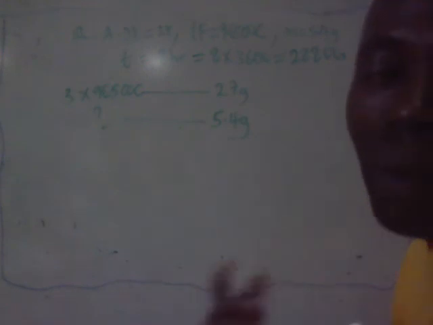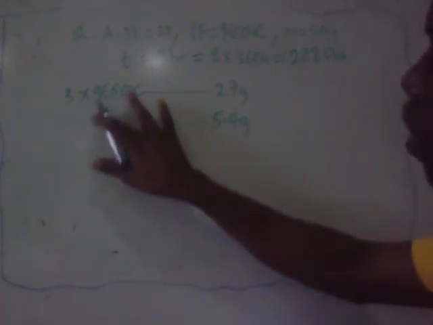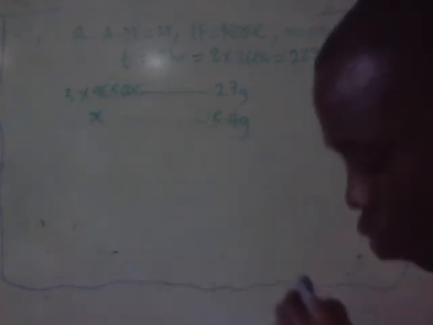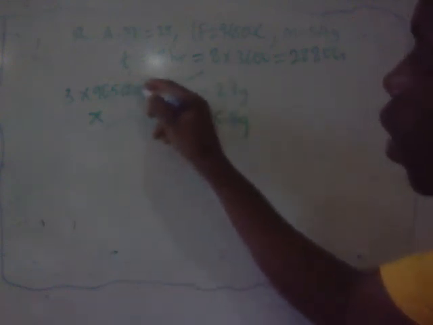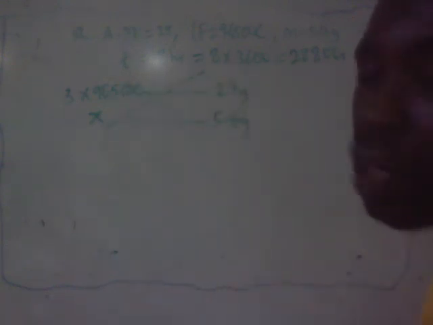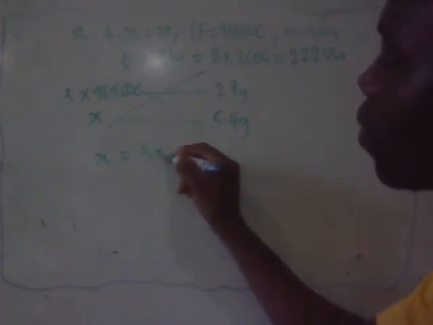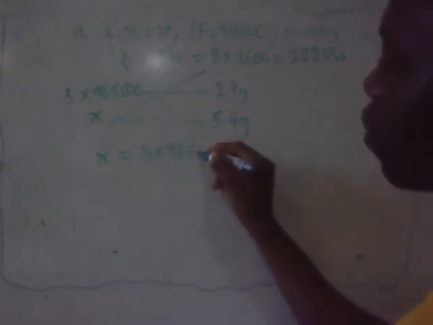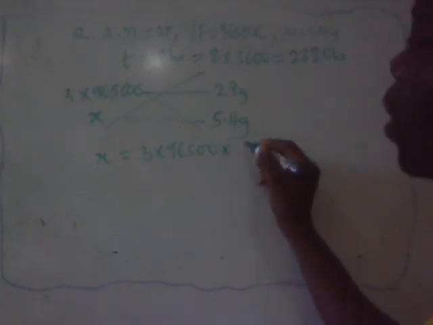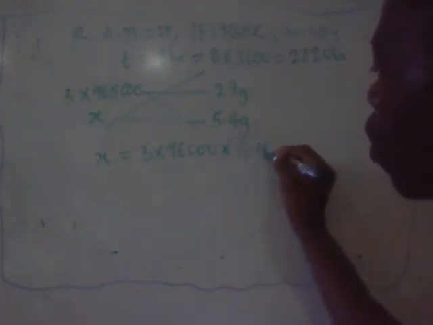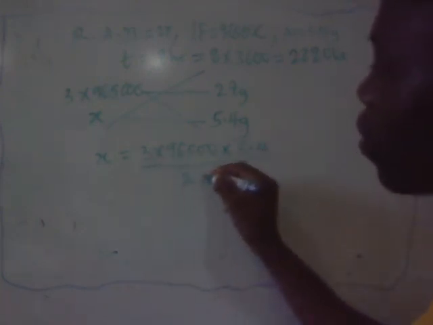In solving, that question mark, let it be any alphabet of your choice. So let me use X. Cross multiply like this and make X the subject. At the end of the day, you have X equals 3 times 96500 multiplied by 5.4, all divided by 27.